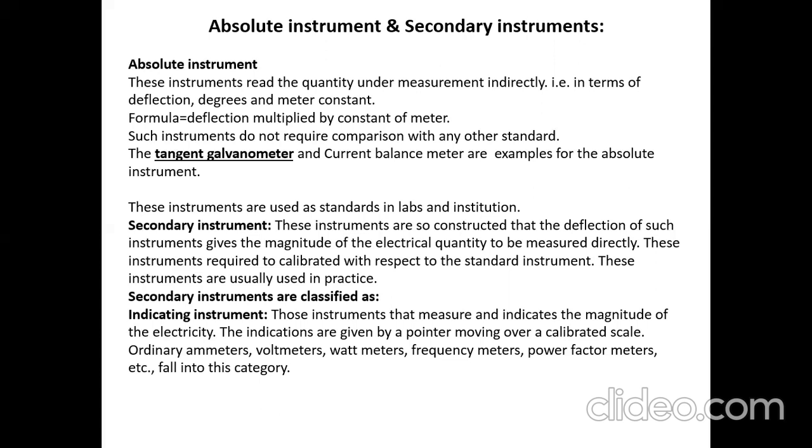The indicating instruments are those that measure and indicate the magnitude of the electrical quantity, like voltage, current, power, frequency, etc. These indications are given by a pointer moving over a calibrated scale. Examples are ammeter, voltmeter, wattmeter, frequency meter, power factor meter, etc.